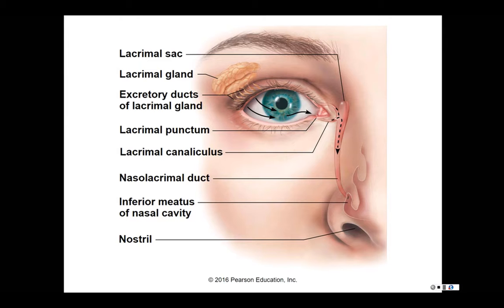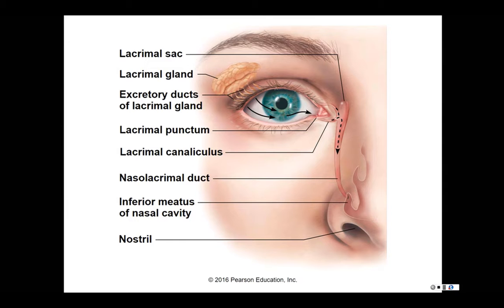The lacrimal caruncle kind of collects those tears. And those tears eventually drain down into the nose and back down the throat. But those tears are going to wash and clean and cleanse the eye all day, every day. And inside tears, we have one of our very first pieces of the immune system, lysozyme.